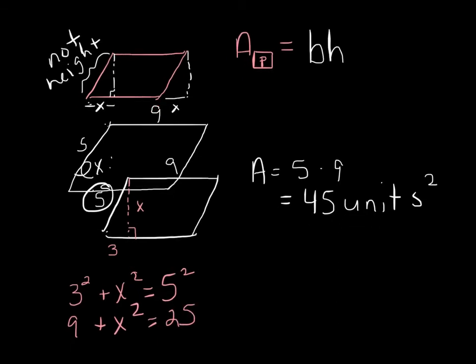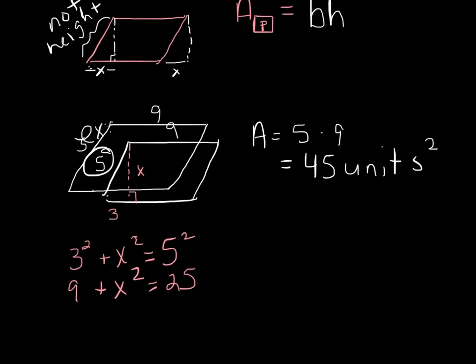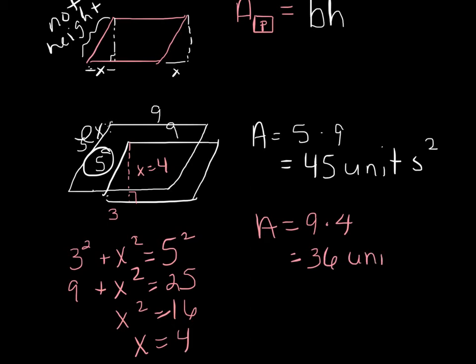We would find that our x squared is 16, and x would have to be 4. Remember, it can't be -4 because we're talking about a distance. So the area of our parallelogram is really 9 times 4, or 36 units squared.